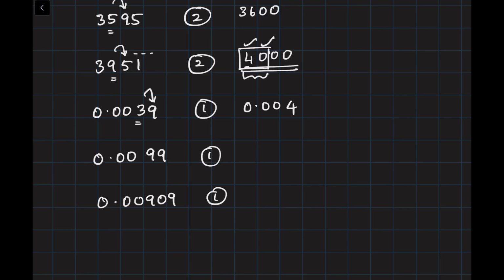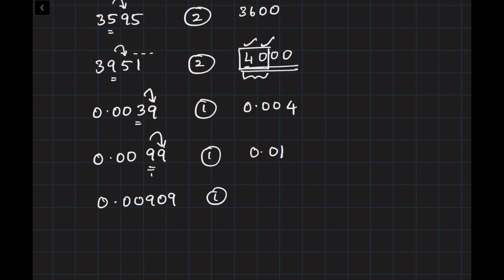The number 0.0099, you have to round off to one significant figure. The first significant figure is 9. You have to do the rounding. The next number is greater than 5. So how will you round off? You have to add 1. That will bring the number to 0.01. Understood? Because you are adding 1 to this 9, so you are getting 0.01 only.